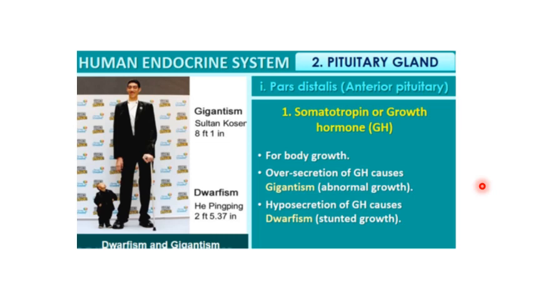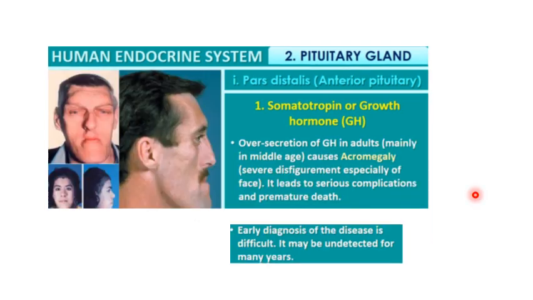The growth hormone or somatotropin is responsible for how tall a person is. Over-secretion of this hormone would cause abnormal growth and the person would look like a giant. Hyposecretion, that is less secretion of this hormone, will cause dwarfism and the person would be stunted.